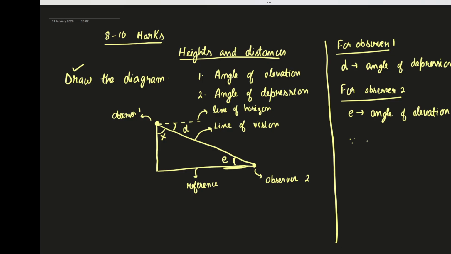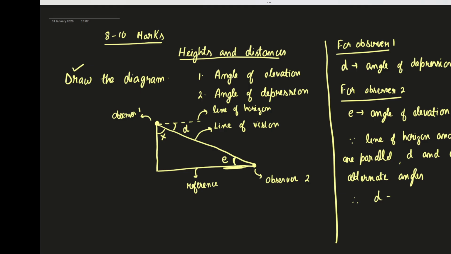Since the line of horizon and reference are parallel, D and E are alternate angles.